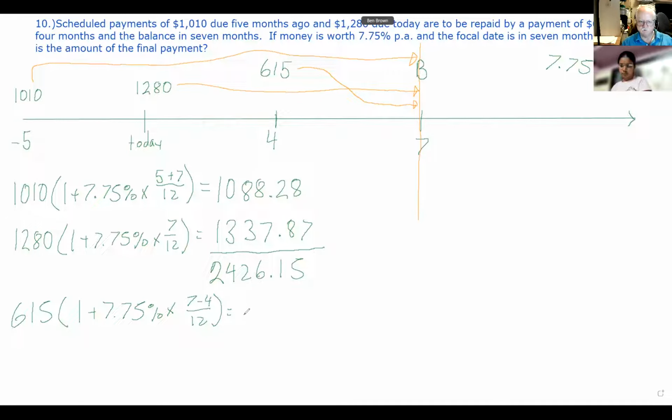So in terms of the focal date, this is 626.92. And this is an amount we're paying, so we can subtract this at this point. So on the focal date, we should have to pay 1799.23.